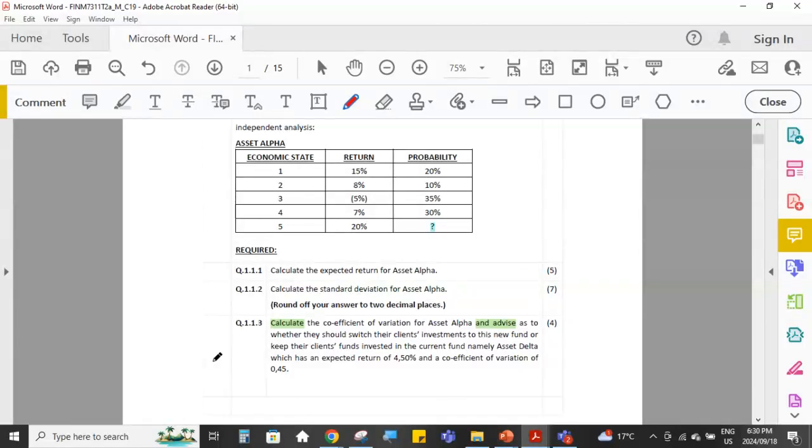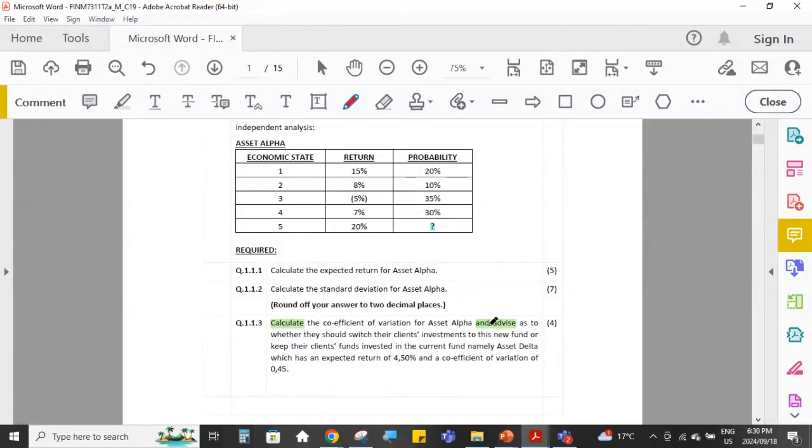So remember what we've just calculated now for this asset alpha that we are considering. Asset alpha has got an expected return of 5.15%, but it's got a coefficient of variation of 1.61, as compared to 4.5% and 0.45.